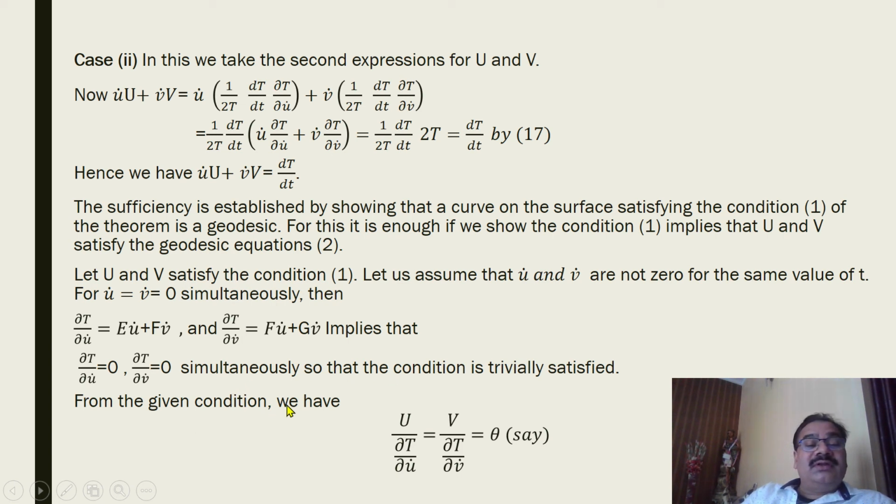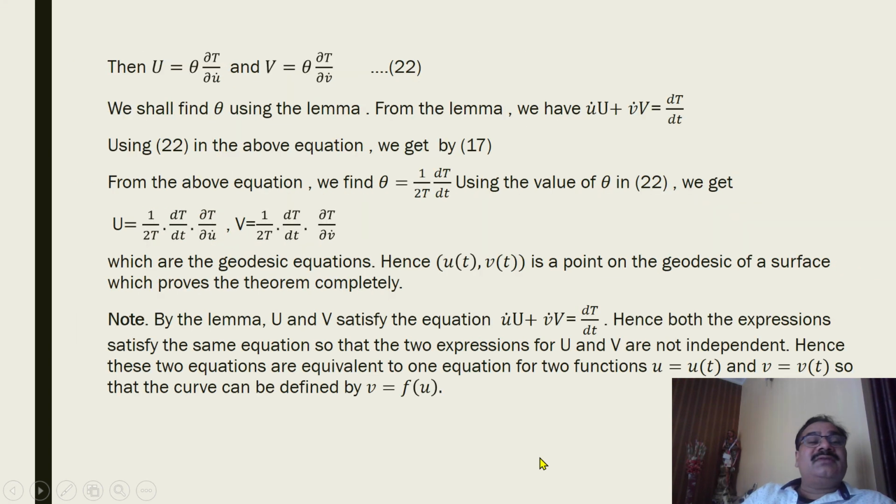From the given condition, we may write U divided by del T by del u dot is equal to V divided by del T by del v dot is equal to theta. We may say that it means U is equal to theta del T by del u dot and V is equal to theta del T by del v dot. This is equation number 22. We shall find theta using the lemma. For the lemma, we have this expression using 22 in the above equation, and by using 17, we find that theta is equal to 1 by 2T d capital T by dt.